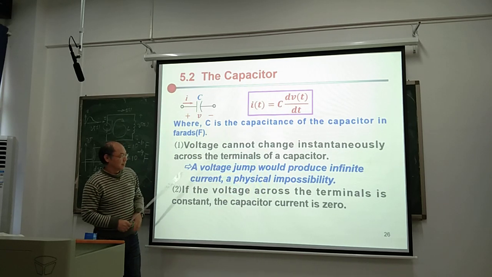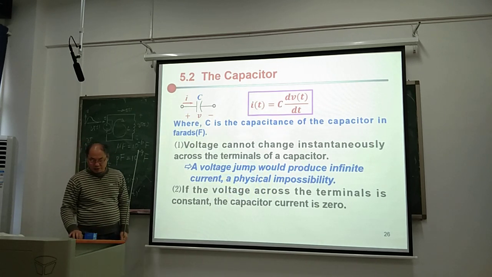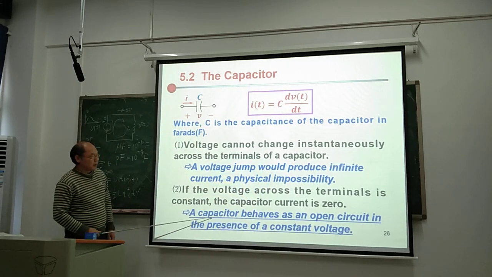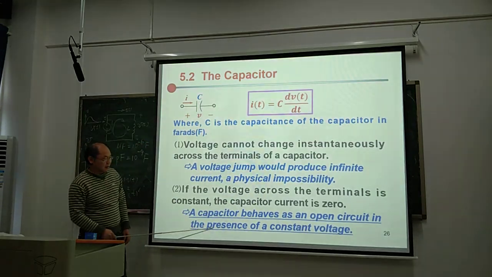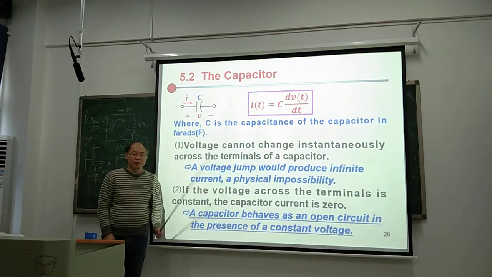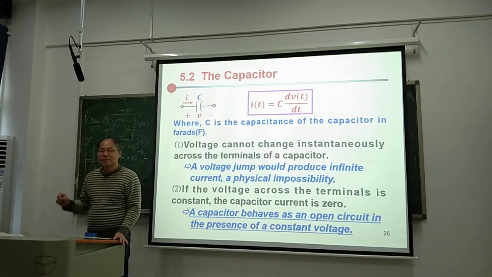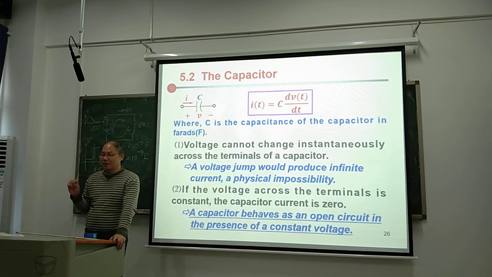So we get this: a capacitor behaves as an open circuit in the presence of a constant voltage, a DC source. In a DC circuit, the capacitor looks like an open circuit.